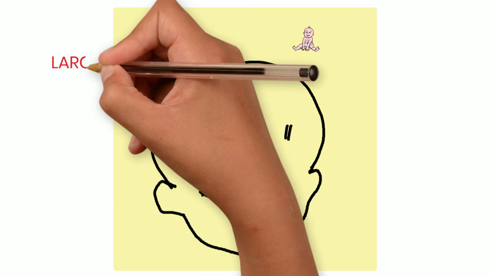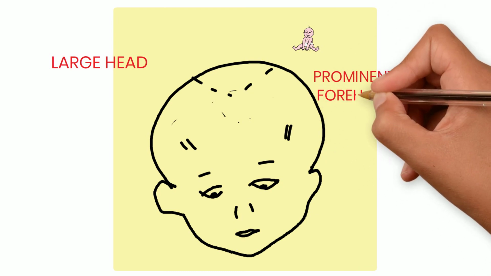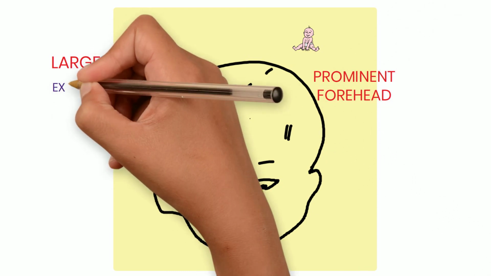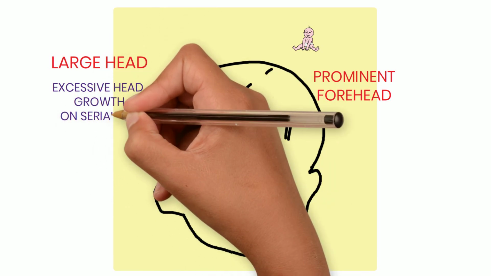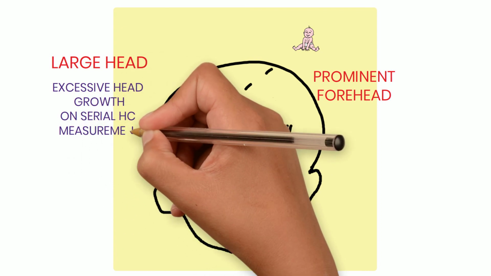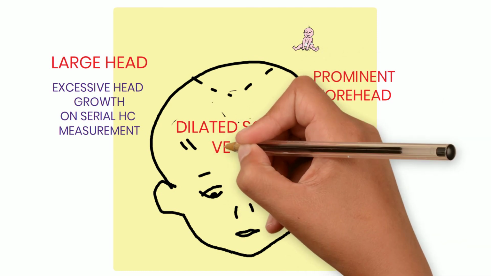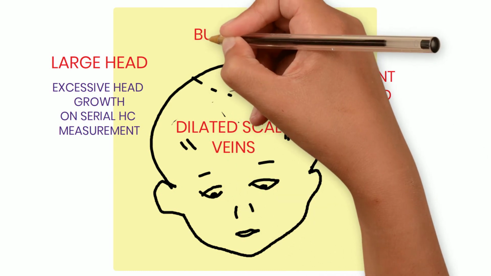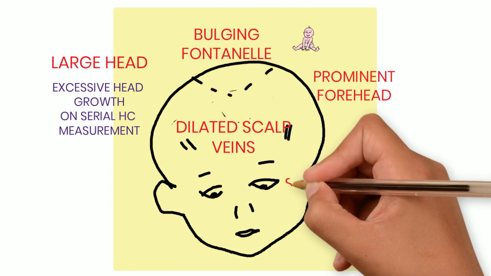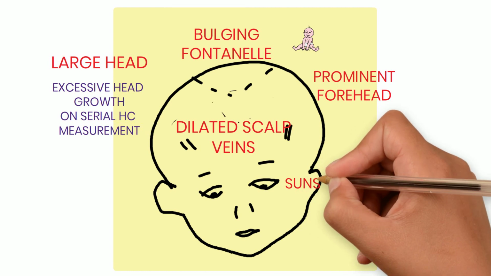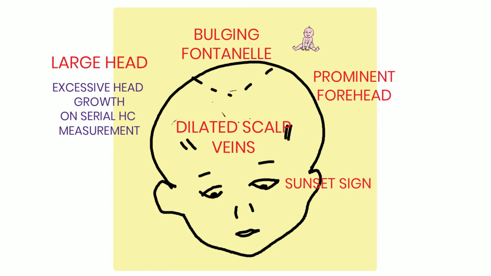So manifestations are large head, prominent forehead, excessive head growth that can be found by serial measurements of head circumference, dilated scalp veins, bulging anterior fontanelle, and sunset sign due to upward gaze palsy. This is due to the dilated third ventricle, that is the suprapineal recess, pressing on the tectum of the midbrain.